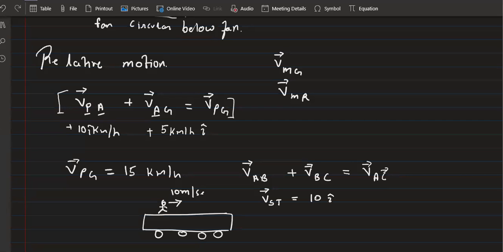We have Shah Rukh Khan running on the train from the movie, and the speed is 10 meter per second. This is your positive x-axis, so I've written 10 i cap. That's the information I've given. Now, case one. Just think about this. I've given you the case.